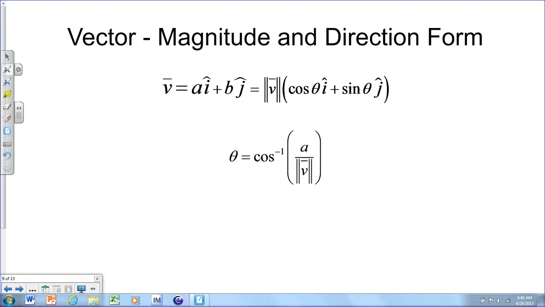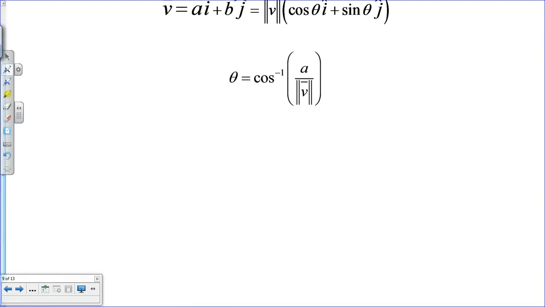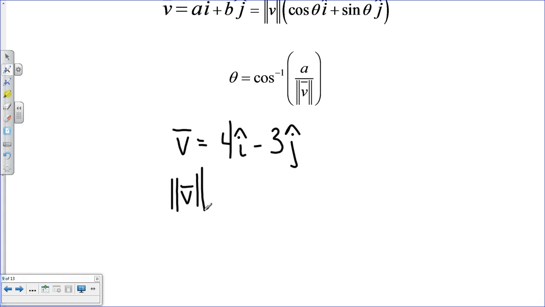Now, let's go ahead and put V from earlier into polar form. So V, again, was 4i minus 3j, excuse me. So we're going to put this into this new magnitude direction form, which is really just polar form. I'm going to find my magnitude the exact same way. We've already actually found it. My magnitude is equal to 5.